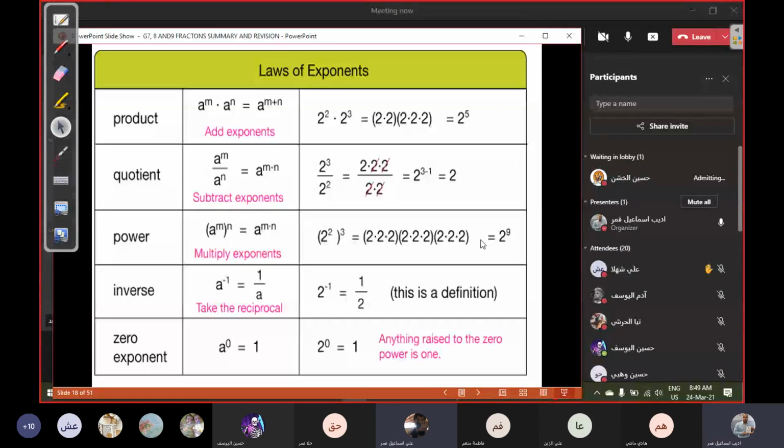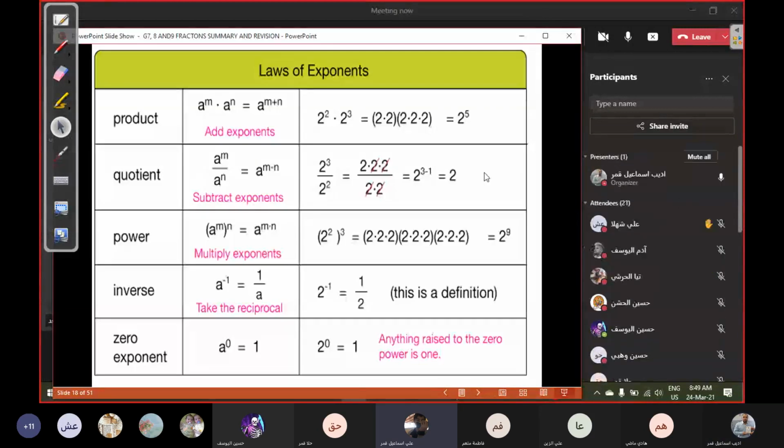The minus is the one in the exponents: m minus n. 2 times 2 times 2 over 2 times 2 equals 2 to the power 3 minus 1.